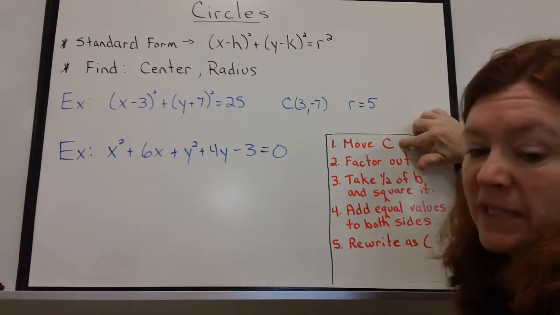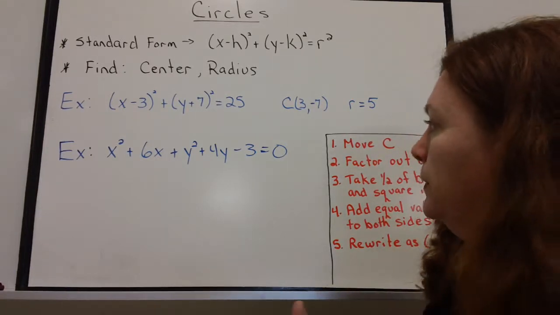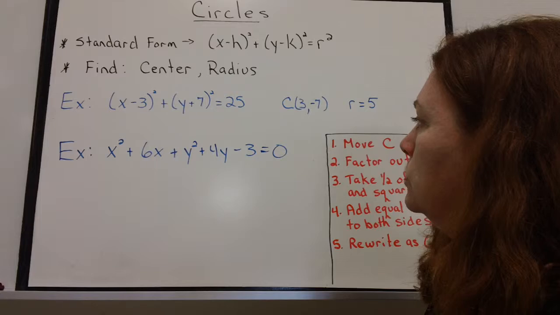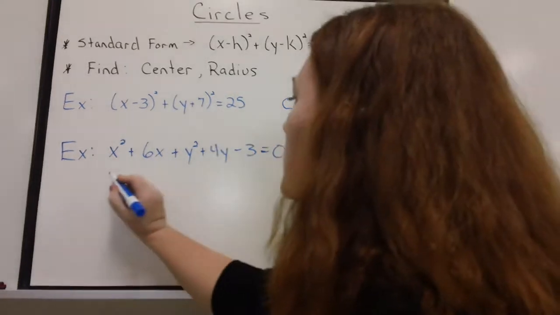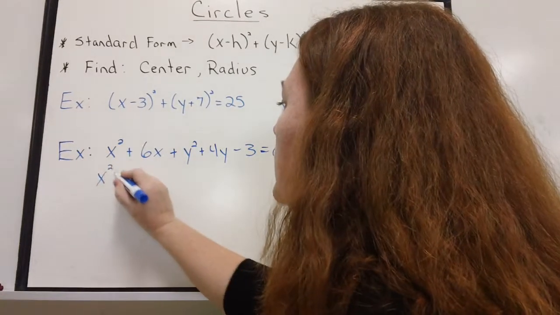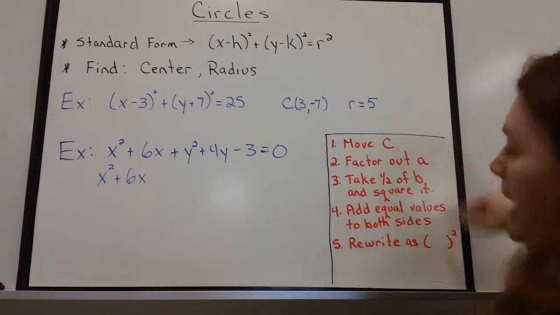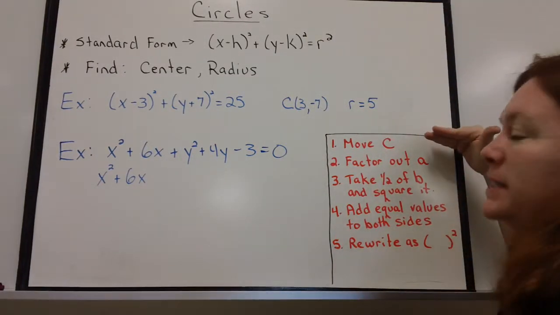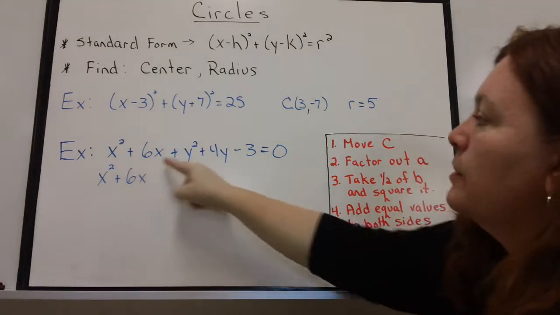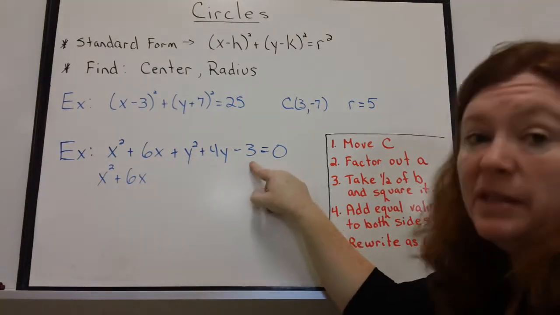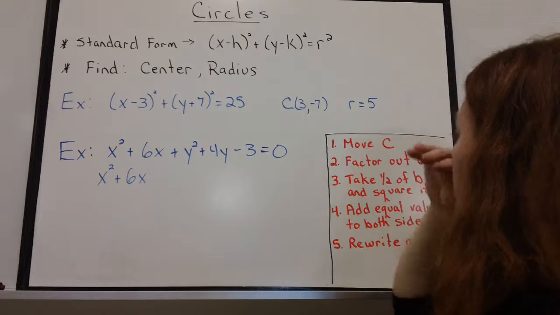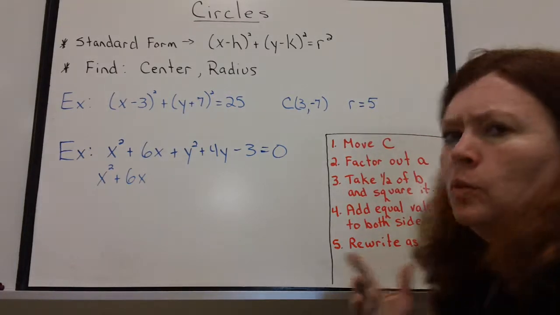So I want to rewrite this so that I can put it in this format, and these were my steps. Step 1 is move C. C is the number that does not have the variable, so that would be this minus 3. Factor out A. What is A?